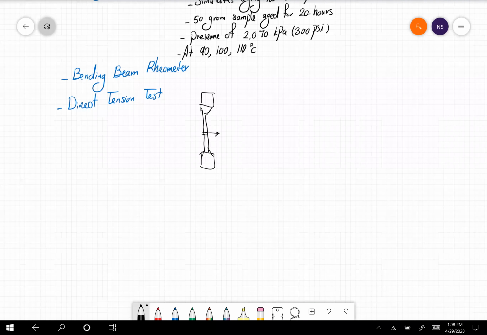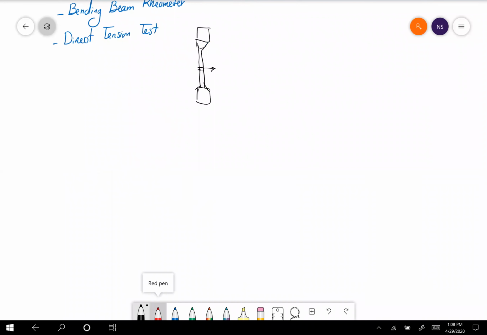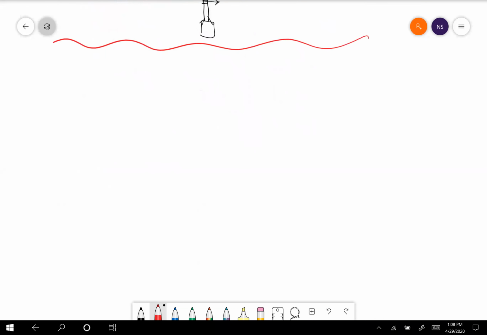Now, if you want to summarize all of these together on a timeline, if you start with the construction level, at the construction level we do the RV test.